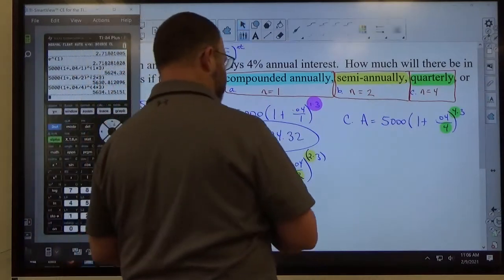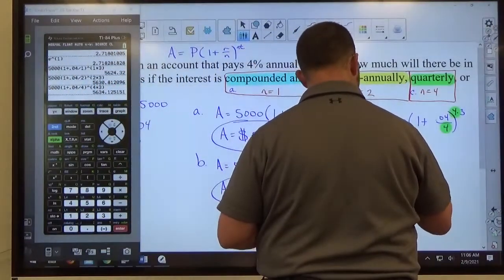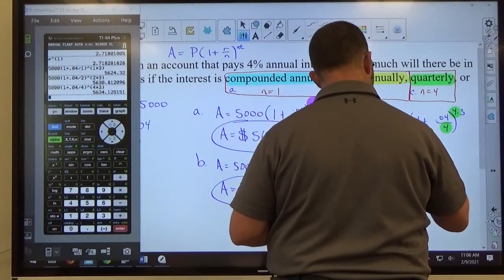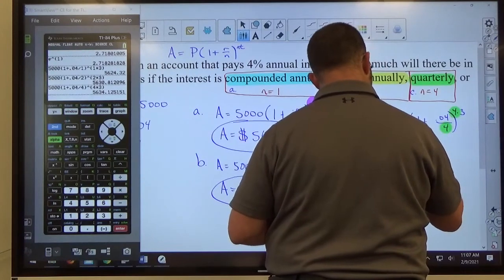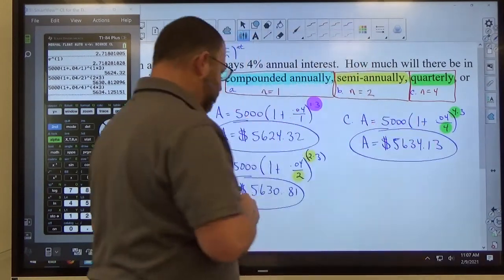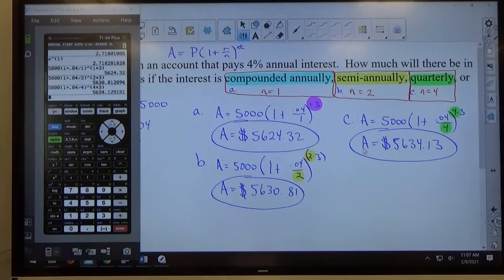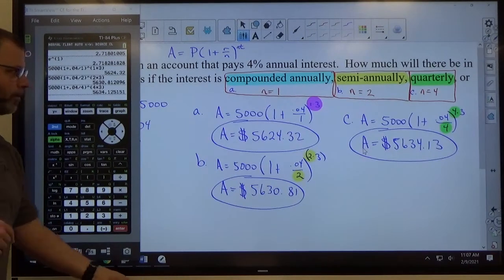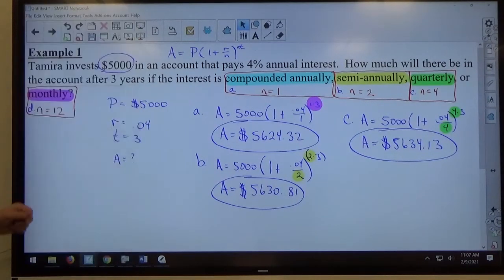I got $5,634.13. That gets us an extra about $3.50 over the semi-annually, and an extra almost $10 over the annually.